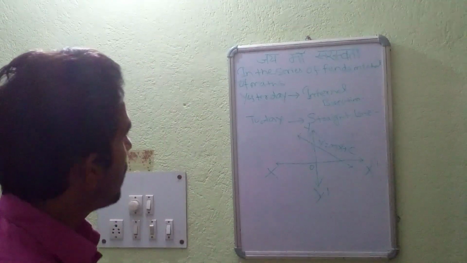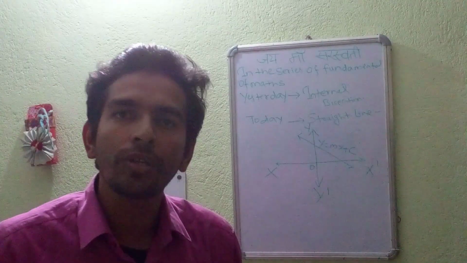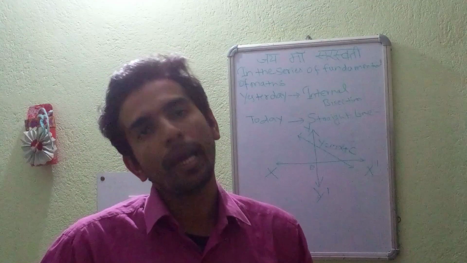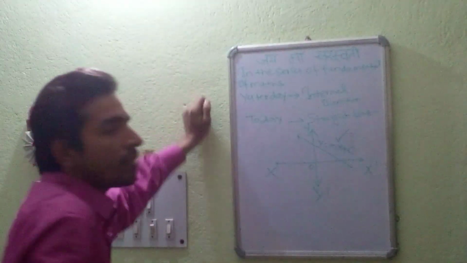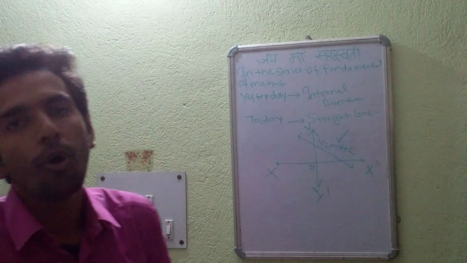In this case, we had entitled this equation of the straight line as y equals mx plus c. This is our first and foremost equation of the straight line.